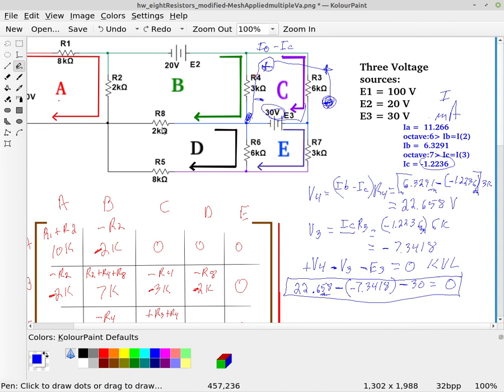So you can pick any single loop after you do mesh analysis and apply Kirchhoff's voltage law to that loop using your found loop currents to determine the voltages, and you should get 0 volts.